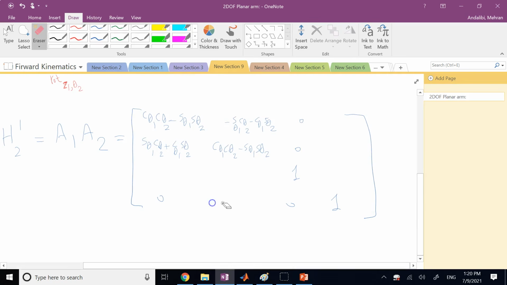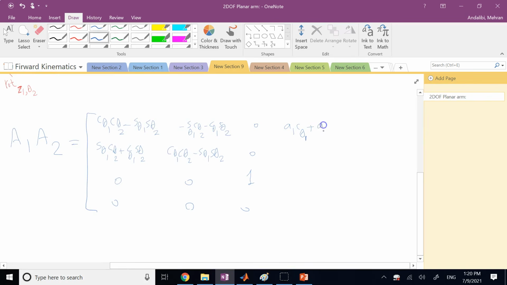And finally, these elements: this is going to be A1 times cosine theta 1 plus A2 times (cosine theta 1 cosine theta 2 minus sine theta 1 sine theta 2).